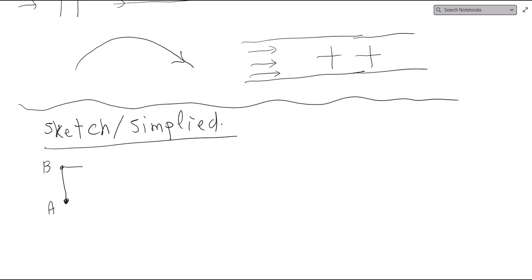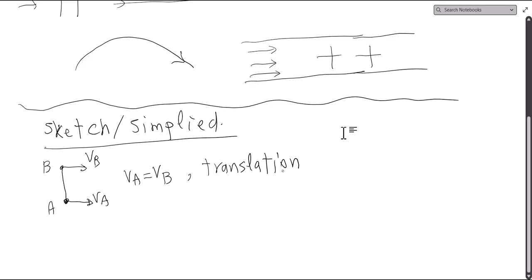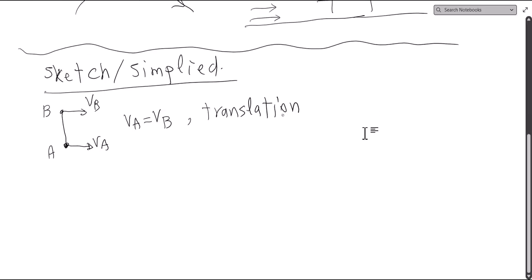If I move this side with VB and this side with VA, but VA and VB, the velocities at the two ends, are equal, therefore I get some translation. Very simple. Obviously our object AB will move from one location to another based on the velocity that we have.